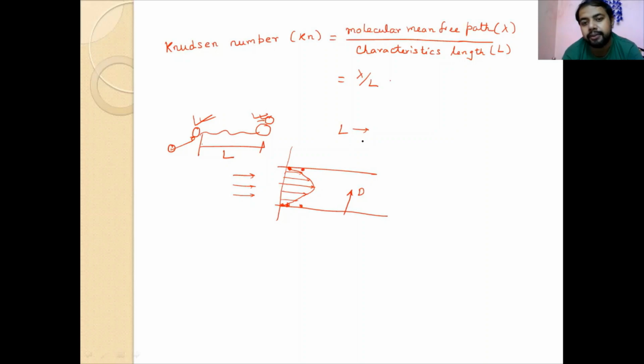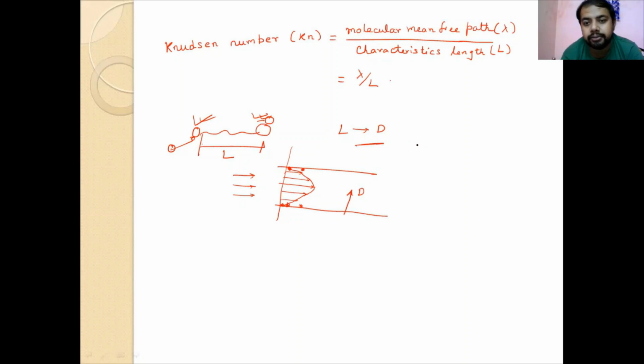So in the case of pipe flow, L is nothing but the diameter D. This is known as the characteristic length.